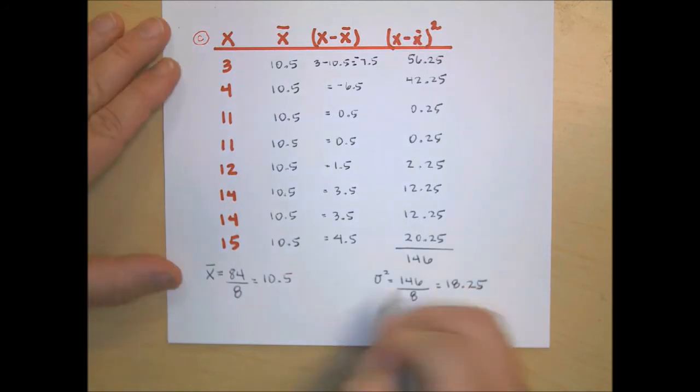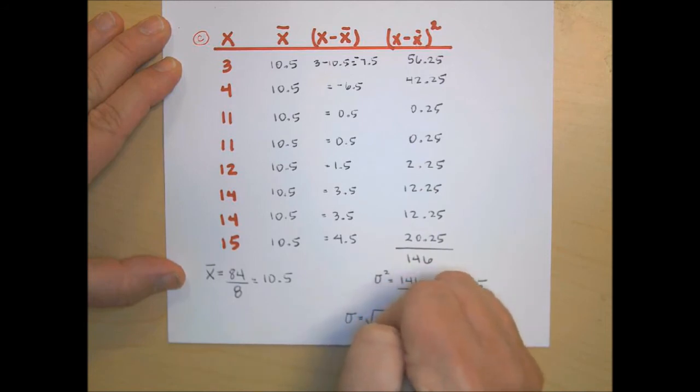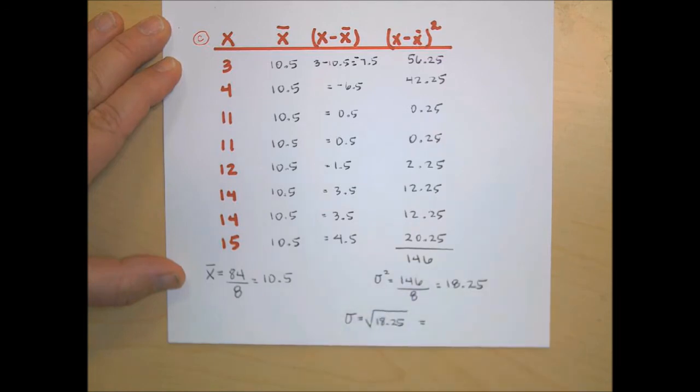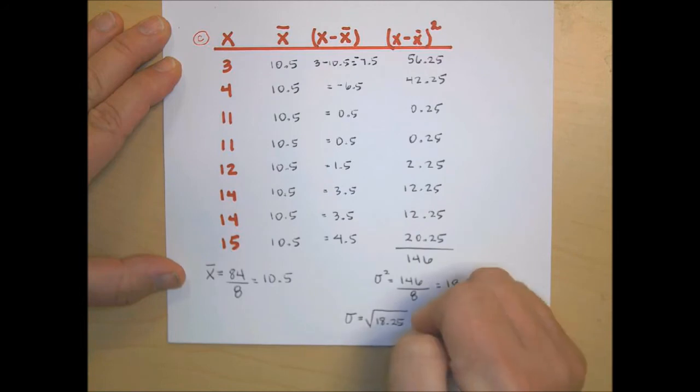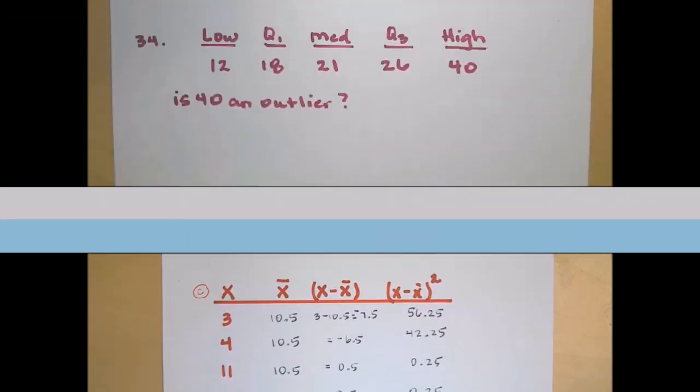It wanted to know the standard deviation. So the standard deviation would equal the square root of 18.25, which is approximately 4.27. And if they only wanted one decimal place, it would be 4.3.